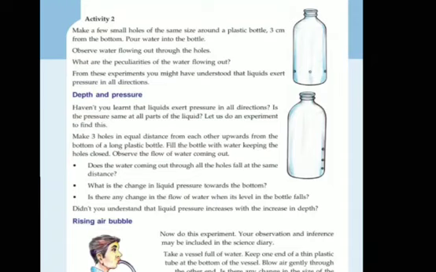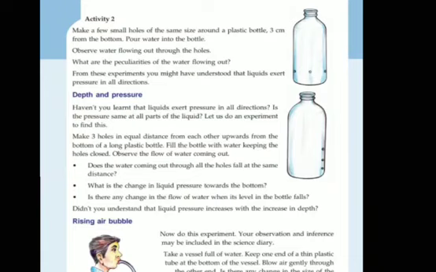You can see that there is a change in the liquid pressure. The water doesn't flow at the same rate. The water at the bottom hole flows at a greater speed.